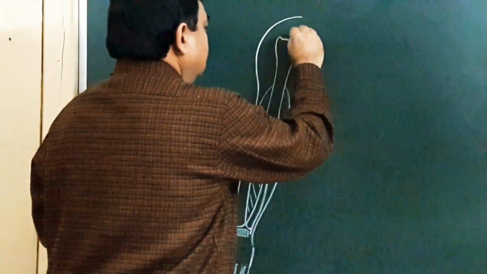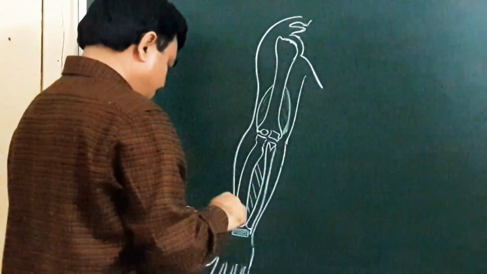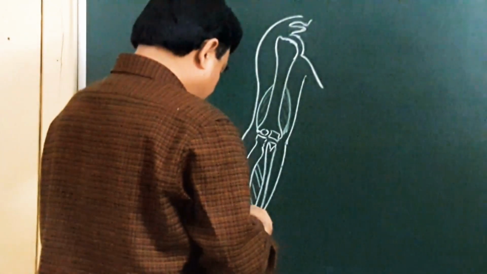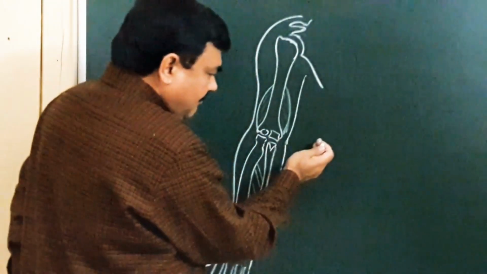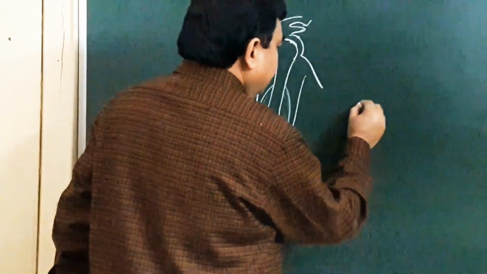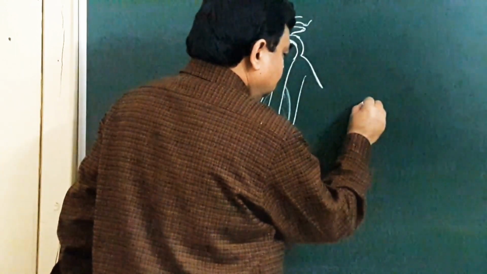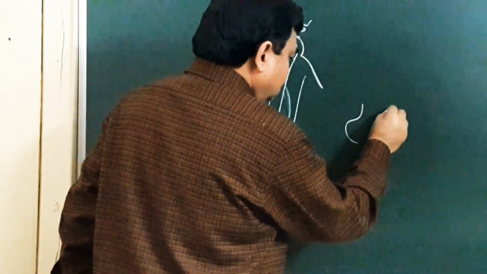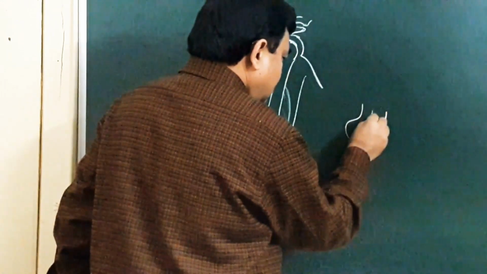Here is the scapula. If you see from the medial side to the elbow joint, you will find it like this.